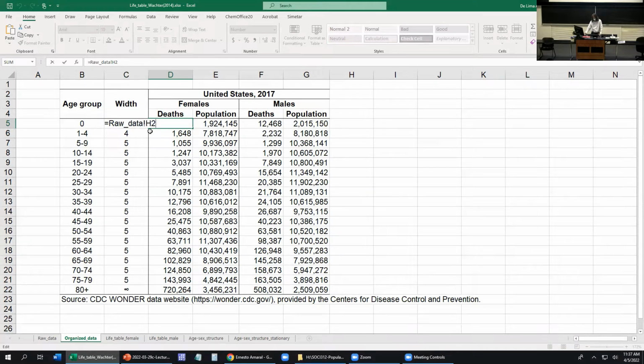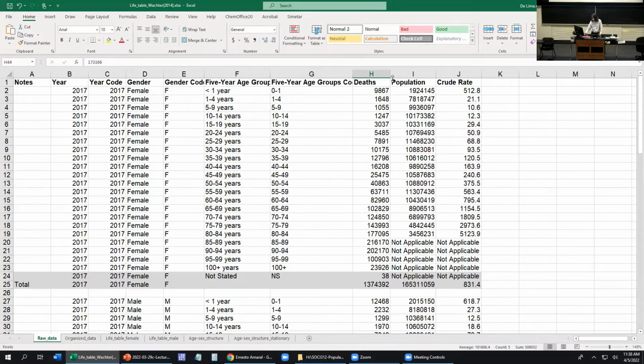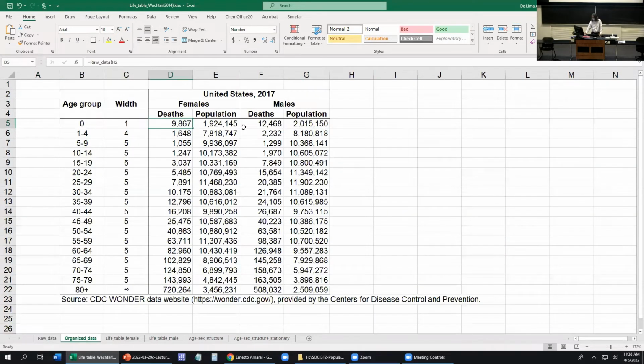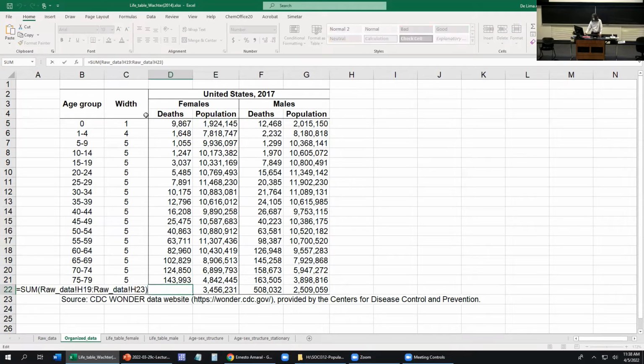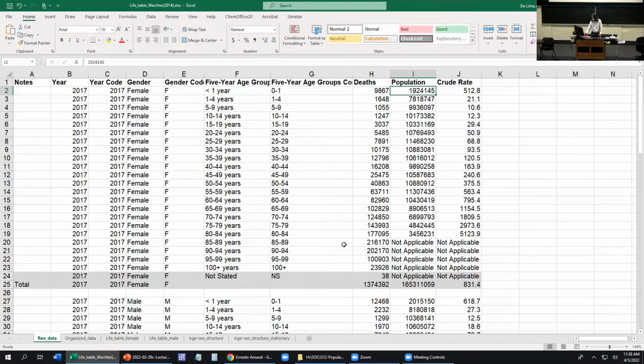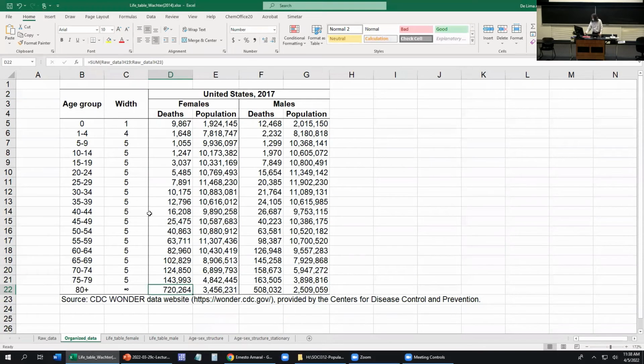So this one is H2, it's going to be this one here. And then the other one, I2, is this one here, right? And the last one is adding from 19 to 23, adding these cells, okay? So this is the organized data.